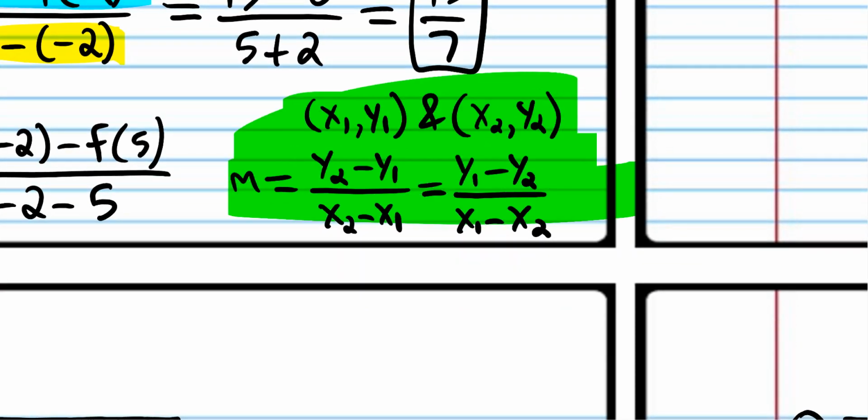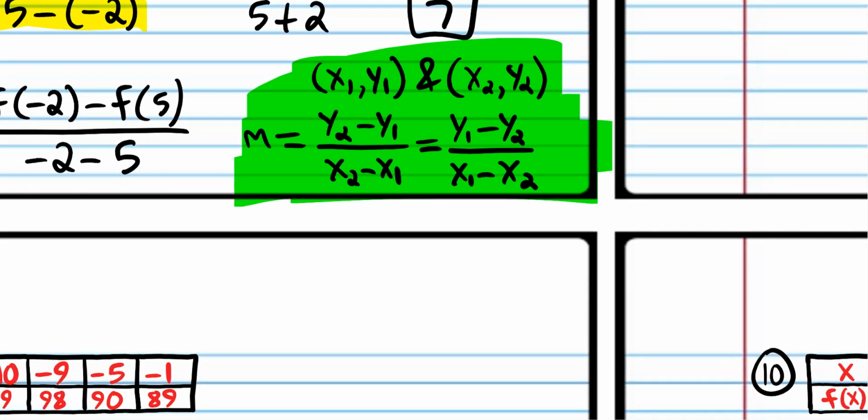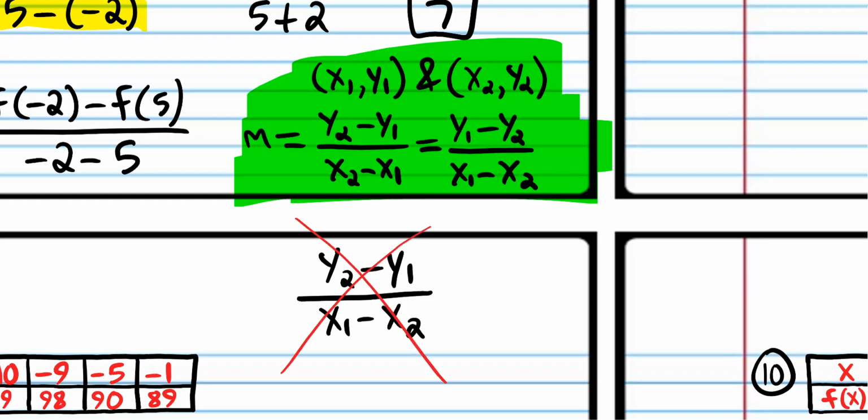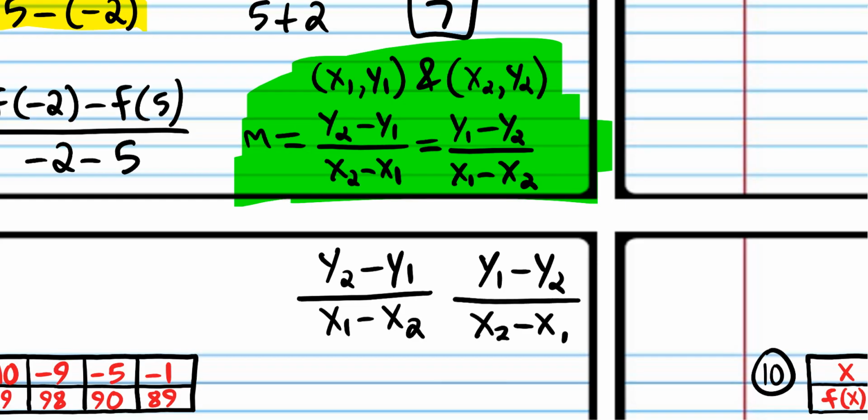That's fine. But what you cannot do is you cannot say the slope is equal to y2 minus y1 over x1 minus x2. That's not allowed. That won't give you the right number. And you can't say y1 minus y2 over x2 minus x1.